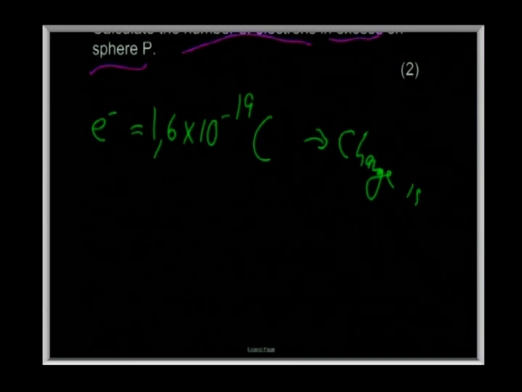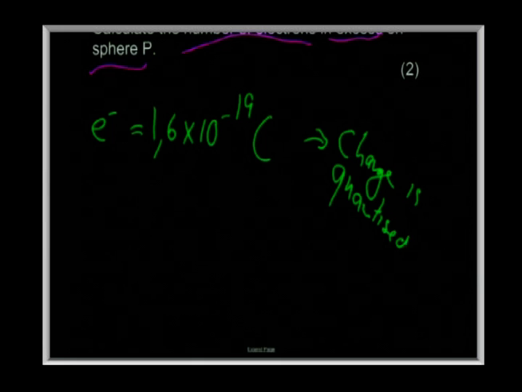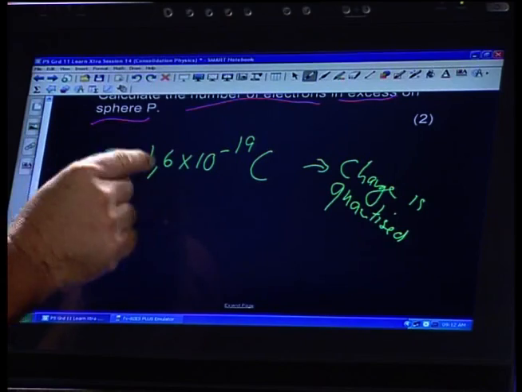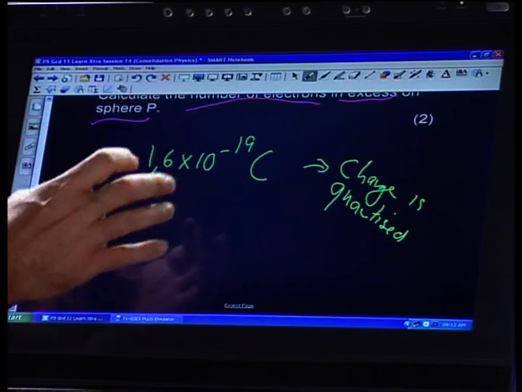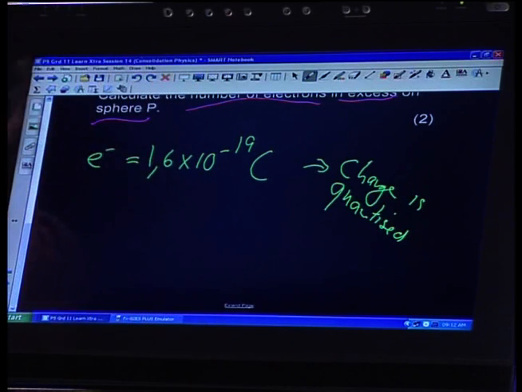Charge is quantized. You can't get any charge other than a multiple of this number. So you could have twice this number, you could have 3 times that number, you could have 10 million times that number, but every charge has to be divisible by a whole number of this.